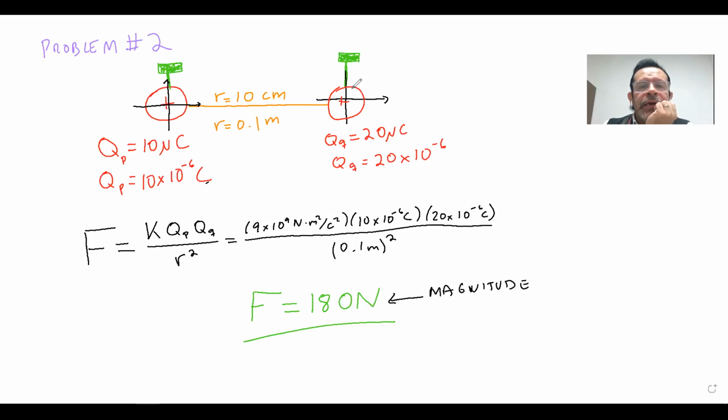Angels, is this force going to be an attraction force or a repulsion force? Repulsion. Repulsion, correct. So if I'm located here in the charge on the right, the same for you, House Angels, where would the arrow of the force be pointing?